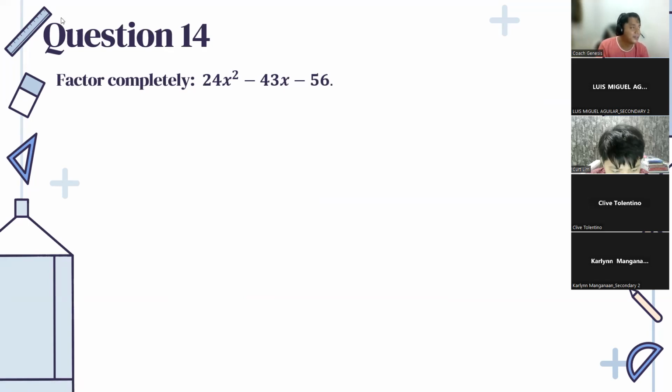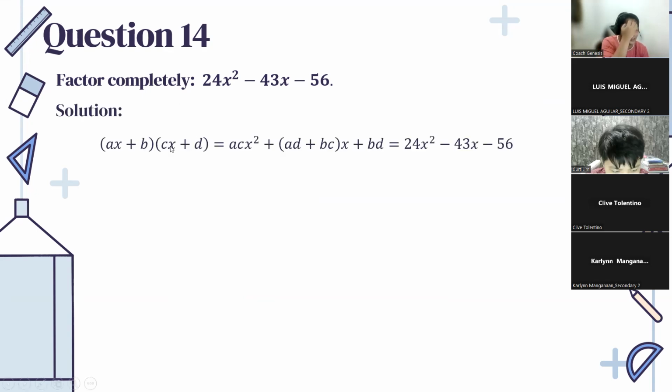So here, you just have to look for the factors of 24 and 56 which will give you a sum of negative 43. So this is the form, right? You have ax plus b multiplied to cx plus d. So you just have to follow that one.